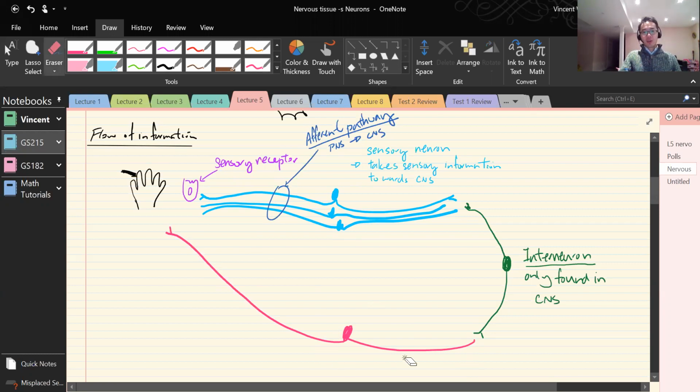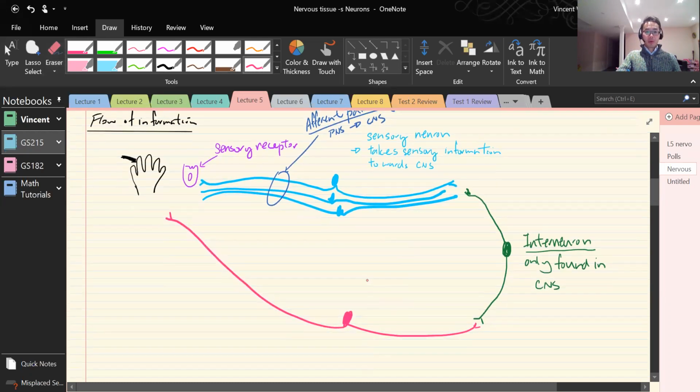Anybody know what this neuron is called? The blue one is the sensory neuron. What's the pink one? Please help me out here. Motor neuron. That is correct. That is the motor neuron. Very good. And what does it do? It takes motor commands towards the effector.